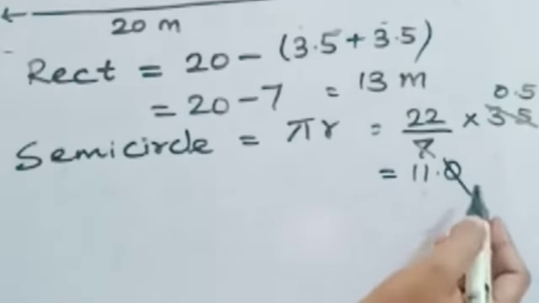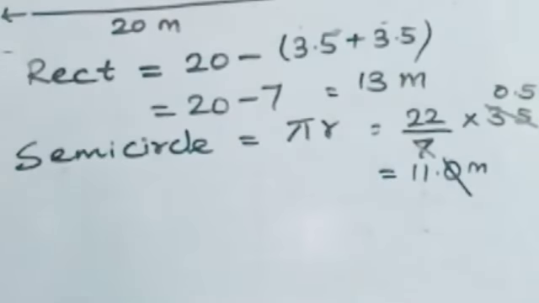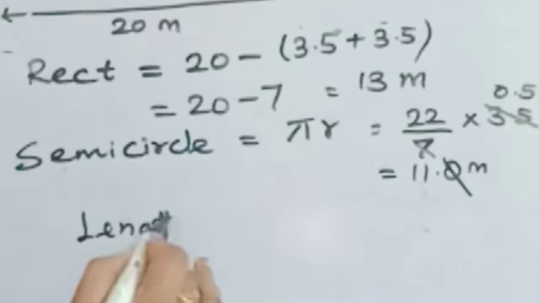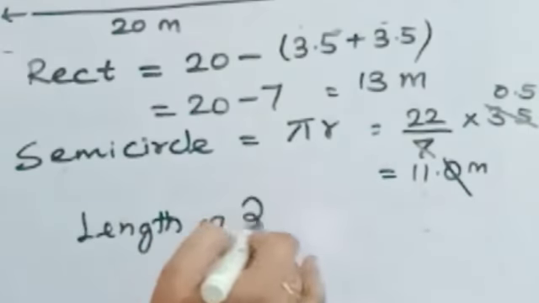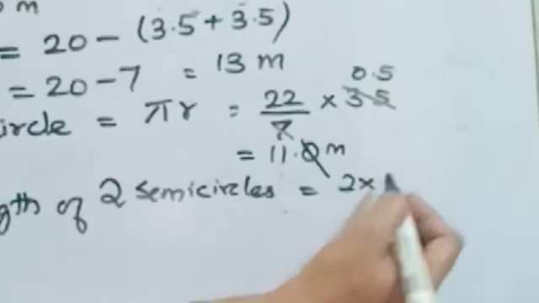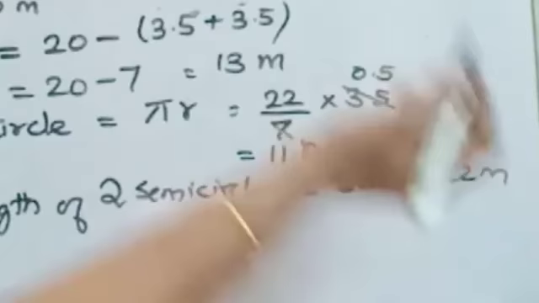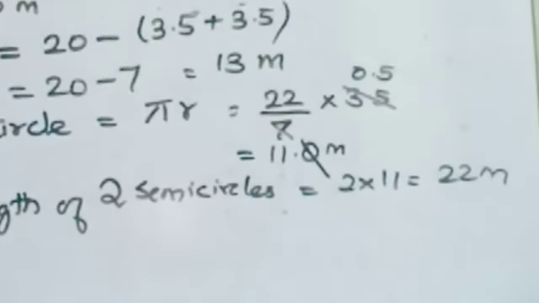Here we will be getting 11 meter as the length of the arc for one side. But we have two semicircles. So the length of two semicircles is equal to 2 into 11, and that is equal to 22 meter.